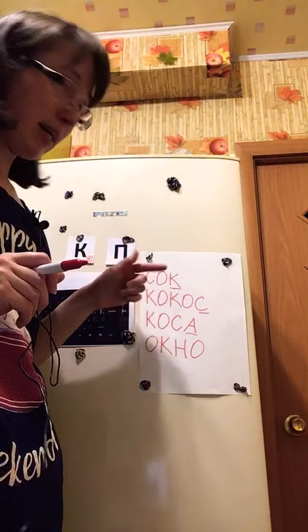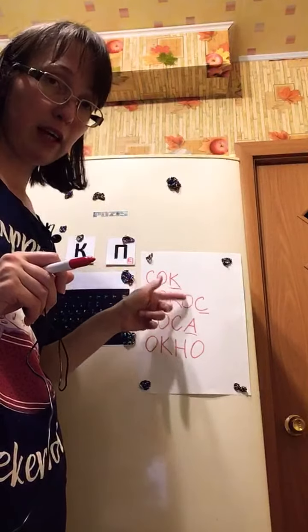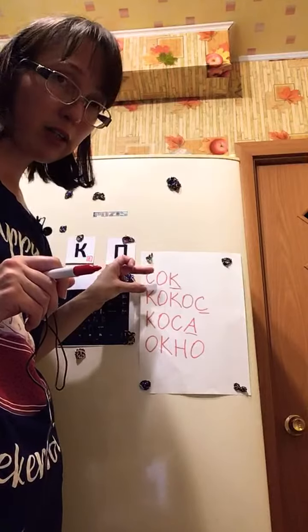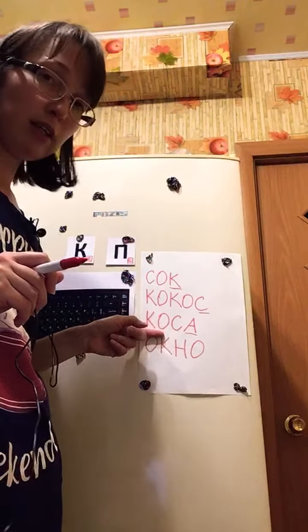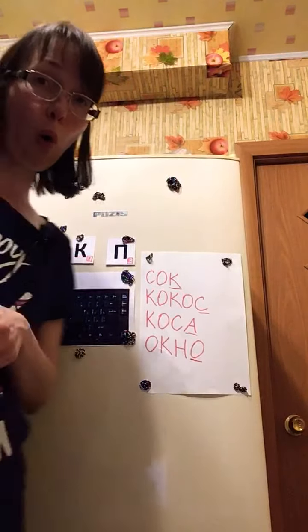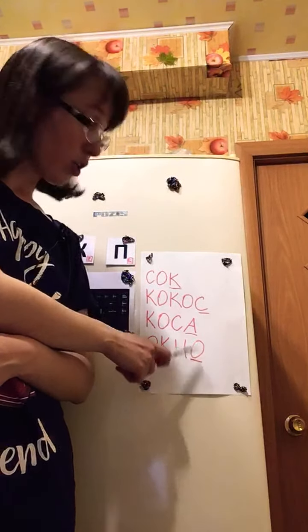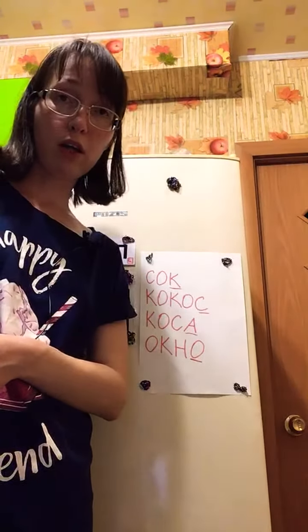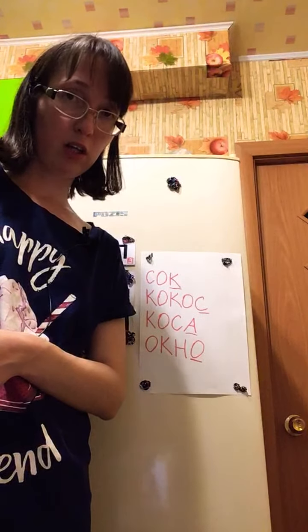So, let's get back to our nouns. A consonant in the end: these nouns are masculine. A letter A in the end: this noun is feminine. Here, a letter O in the end. Not A, not a consonant. O is for neuter nouns.